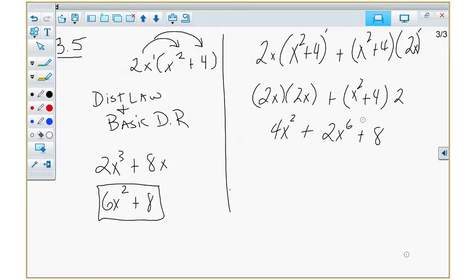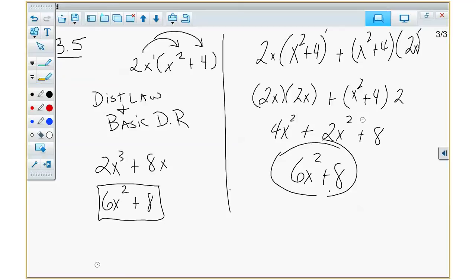I have no idea where that 6 came from. I said 2x squared, didn't I? It's the drugs. Okay, 4x squared plus 2x squared is 6x squared plus 8. Does that look familiar? Yes. It's the same thing we got here.